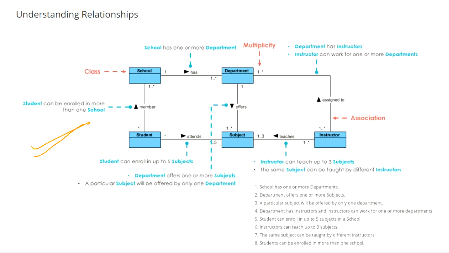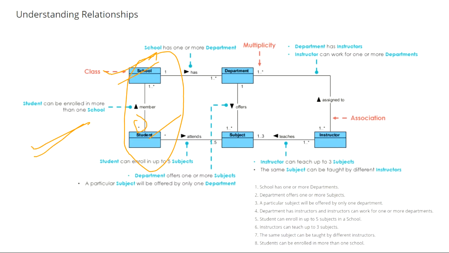Similarly, you can read it like this. Student can, yeah, read this. This is a good one. What does this mean? Read in English between student and school. This is star.